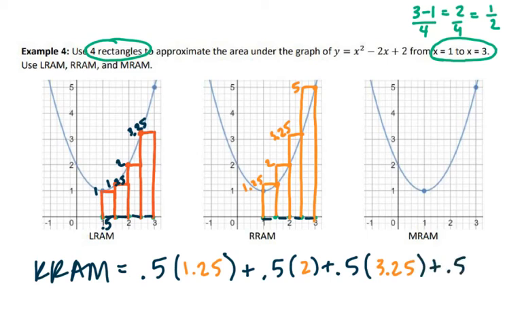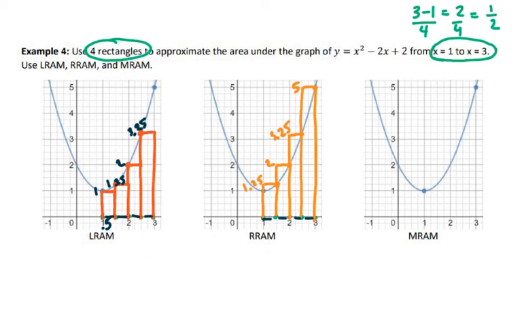And then obviously the big difference, instead of a 1 as the first, we have a 5 for the last. And so this is going to give us a total area of 5.75 with that difference.